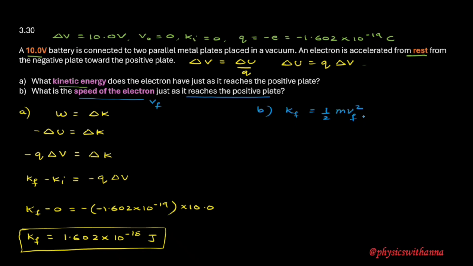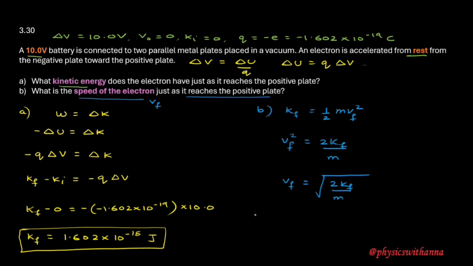I want to find V final, so we will rearrange the term here. I will multiply with 2 on both sides and divide with m. So we get V final squared equals 2 times K final over m. We want to find V final, so we take the square root on both sides. V final will be equal to the square root of 2 K final over m.